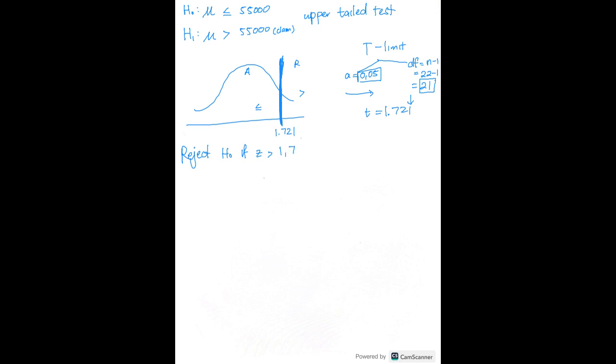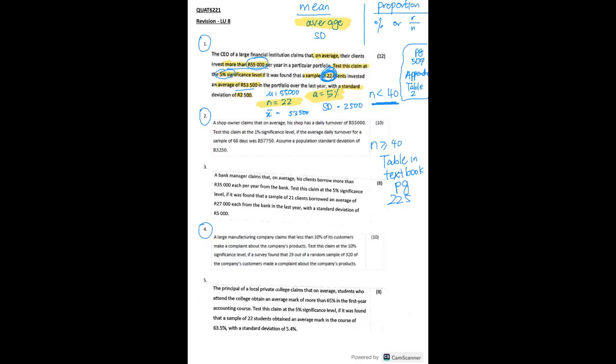Now that you have your region of acceptance and rejection, you can calculate in step 3 your test statistic. If it's a mean that you're working with, the formula is x bar minus mu over your standard deviation over the root of n. So x bar, everything was given to you. So here's x bar, 53,500. Mu is 55,000.